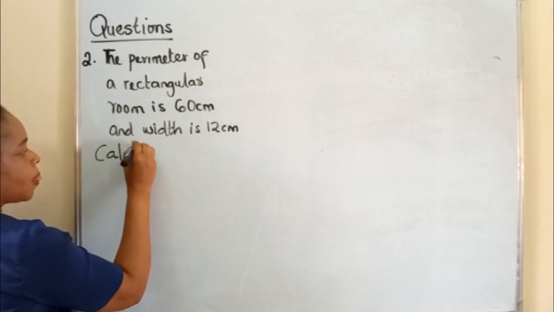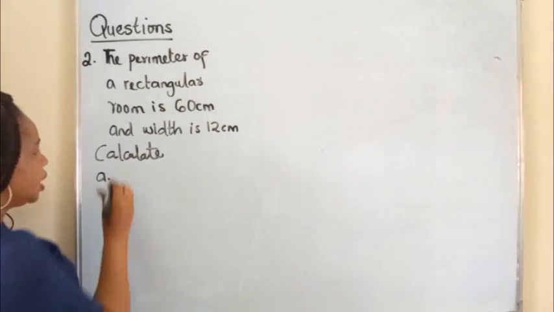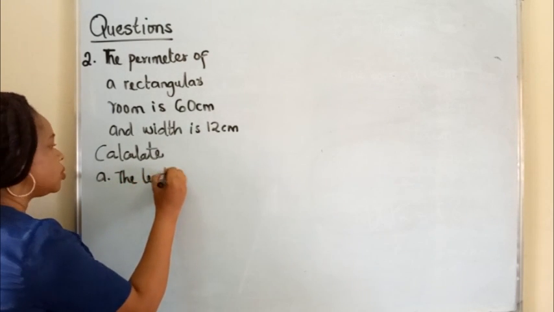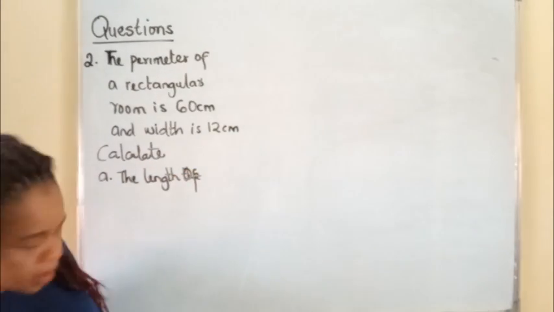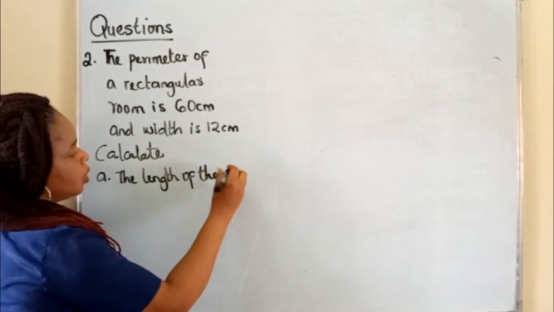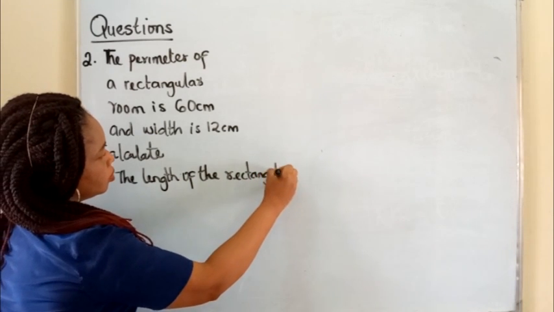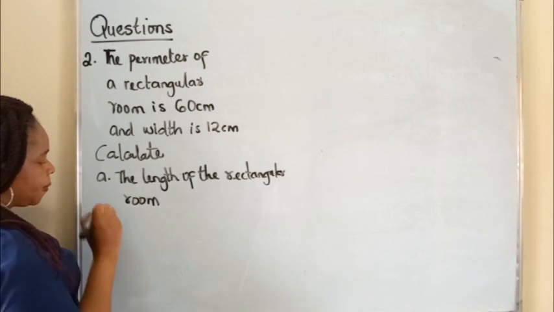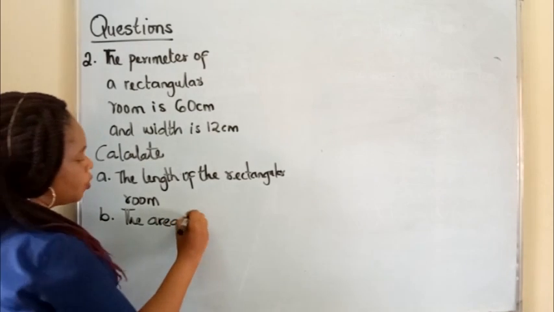Calculate or find A, the length of the rectangular room, and B, the area of the room.